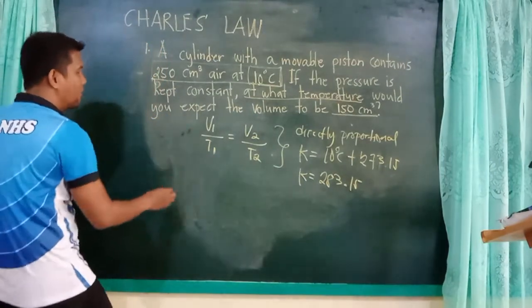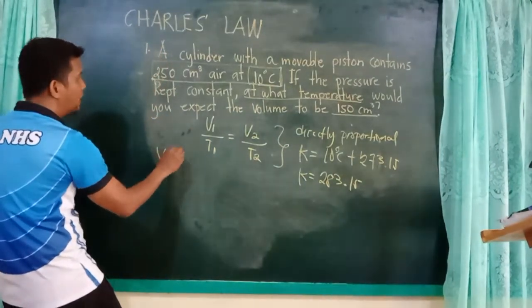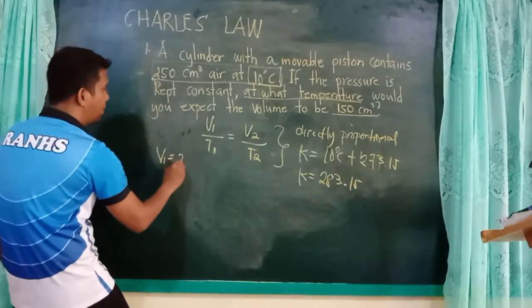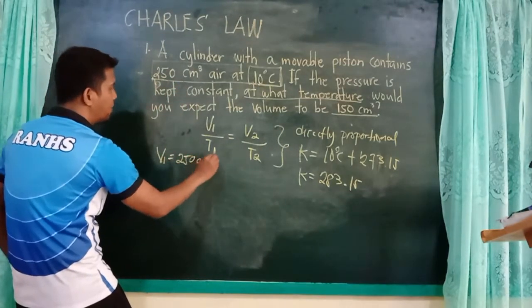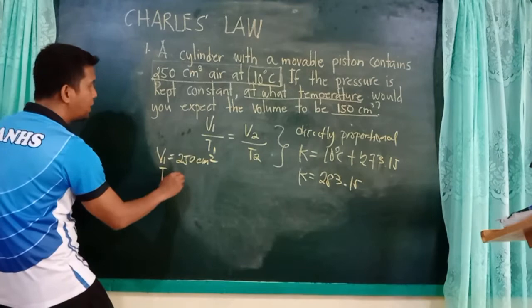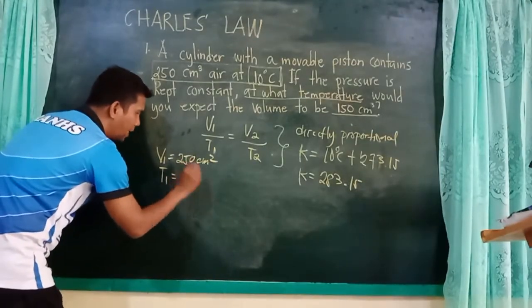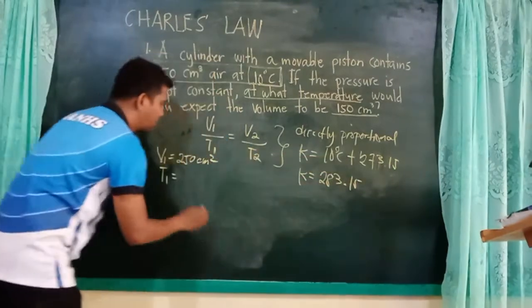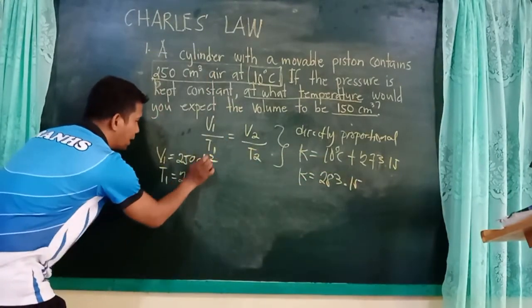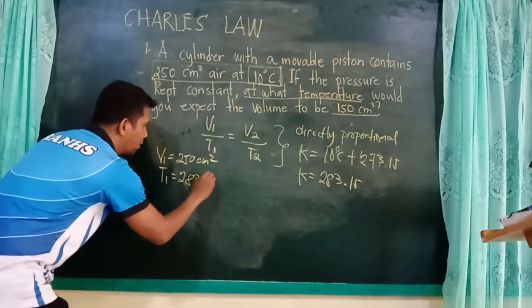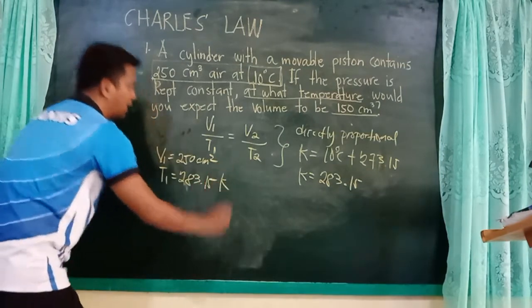Okay, now let's identify our V1. Our V1 is 250 centimeter cube. Our T1 is 10 degrees, so 10 plus 273, we are going to use 283.15 Kelvin.